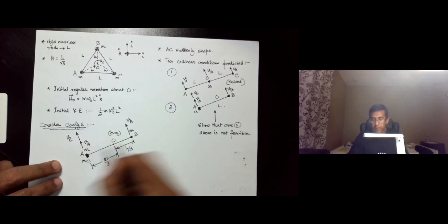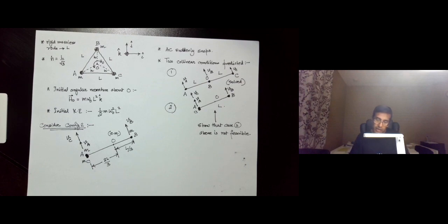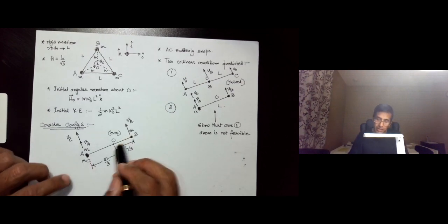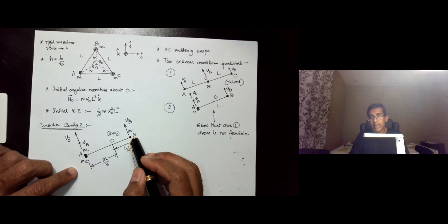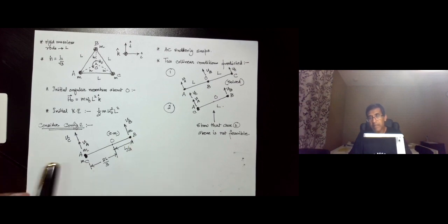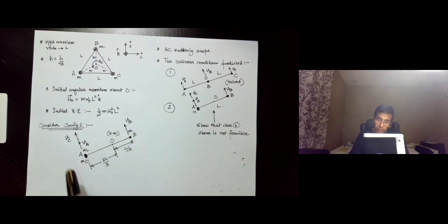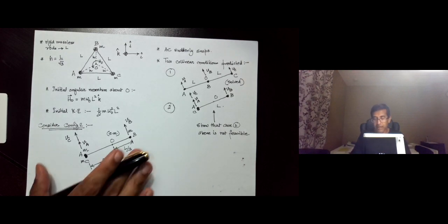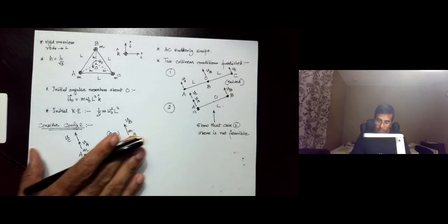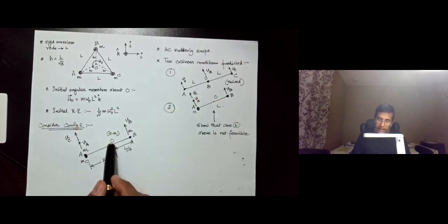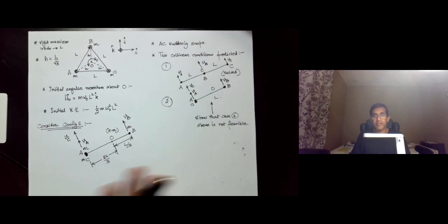The velocities must be perpendicular to this rod, because if there were components of these velocities along the rod, then because it's a rigid rod, the velocities would have to be the same for A, C and B, which would mean that the whole system would be moving away and the conservation of the center of mass would be violated, which is essentially saying the conservation of linear momentum would be violated.